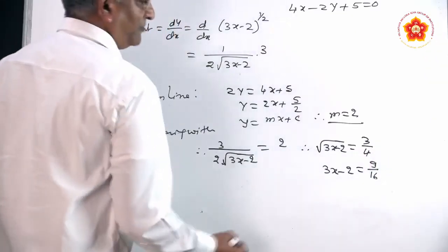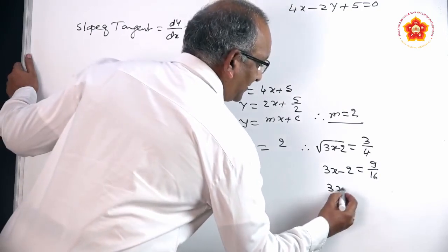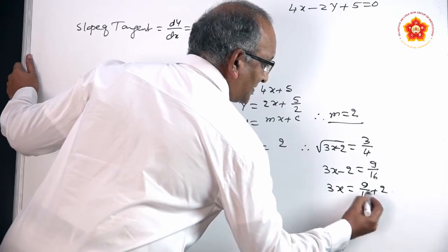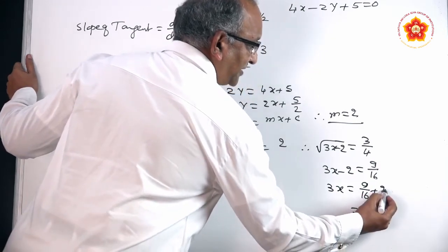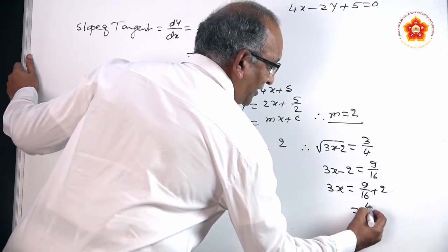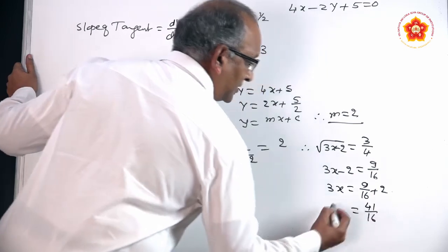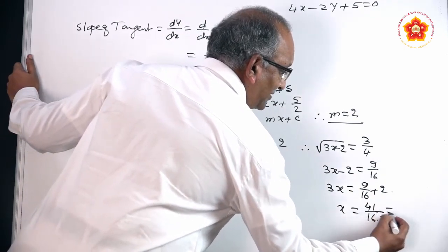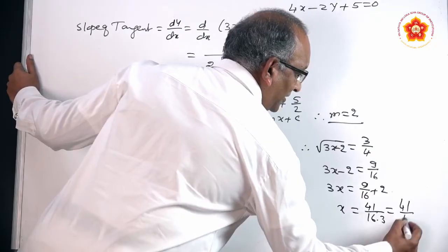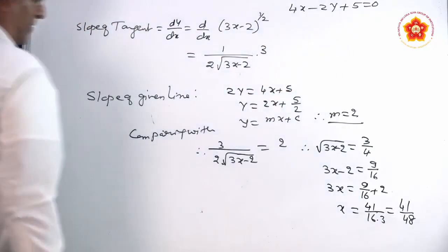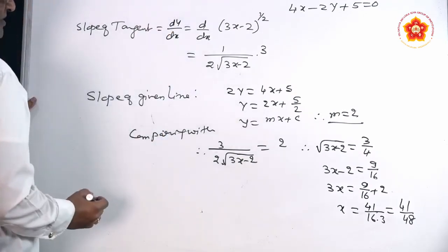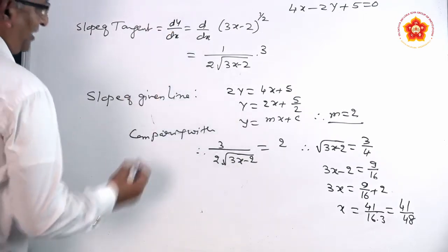3x minus 2 equal to 9 by 16, 3x is equal to 9 by 16 plus 2. Simplify it, 16 2s are 32 plus 9, 41 by 16. So, x is equal to, take 3 that side, it will come to denominator. So, it is 41 by 48. Substitute that value in the equation of curve, you will get the value of y.